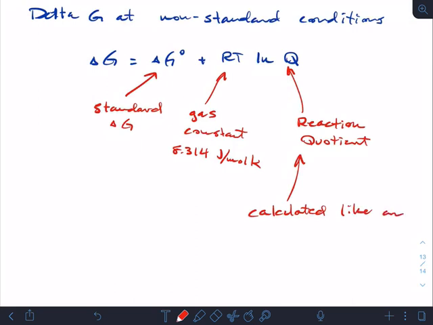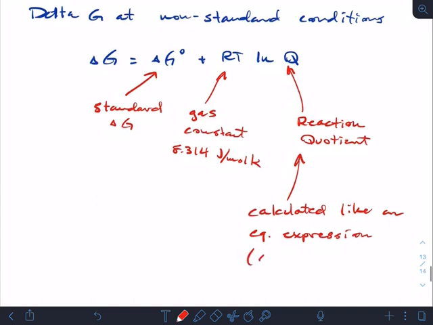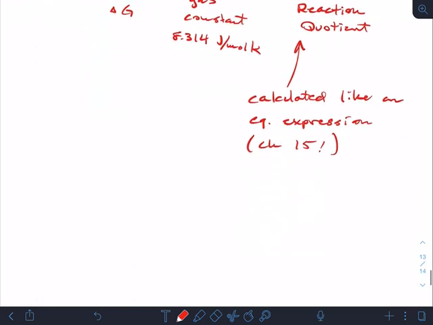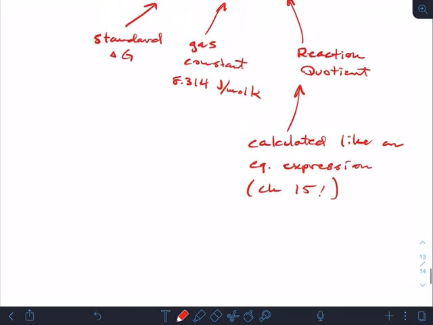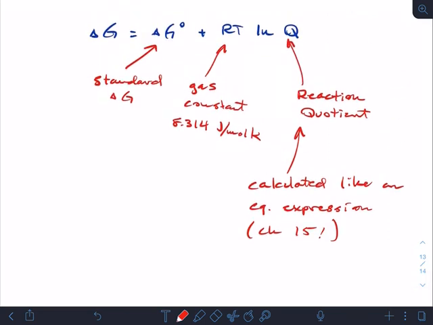Right? And that thing is calculated like an equilibrium expression. Remember from chapter 15? So we're starting to tie things together. We did all that work with equilibrium in the last two chapters, and now here we are in chapter 19, and we're starting to tie the concepts of equilibrium to new things.